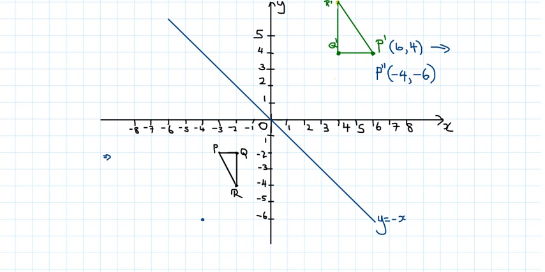So you can use the little shortcut to obtain all the other points, and we'll be able to plot them and get our transformed triangle. Q prime is 4, 4, so this would become negative 4, negative 4. Wait, is it negative 4, negative 4?